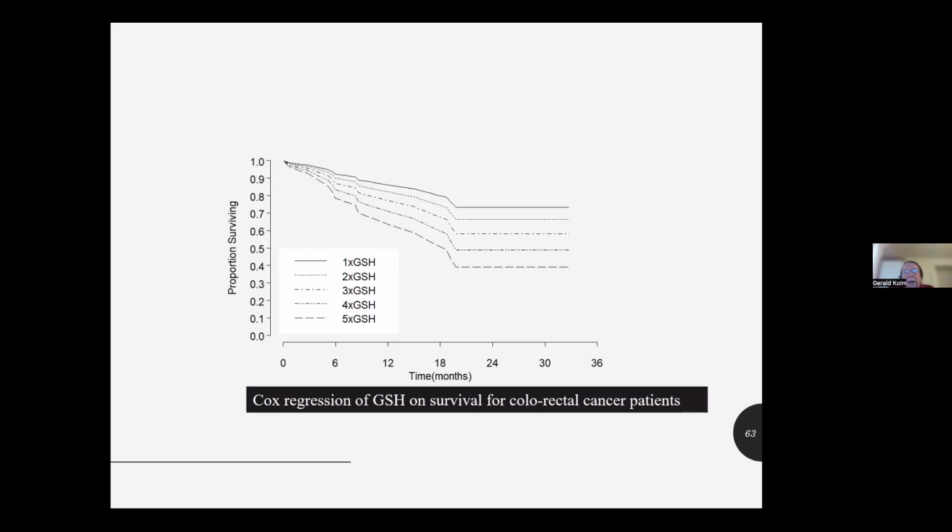When you look at a survival function done in this way, you can see that these are all what we call parallel, and that's what the Cox model requires, is that you have proportional hazards, that the hazard rates are proportional over time. Okay.